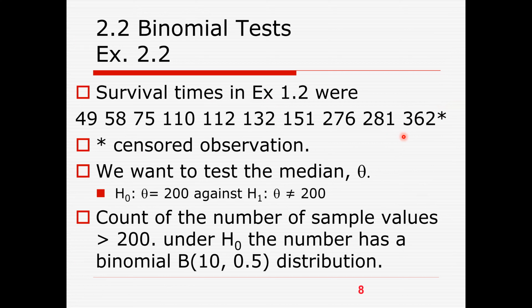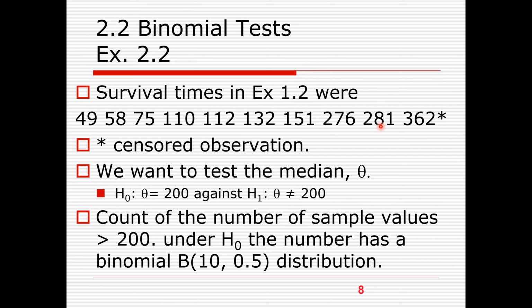Now, let's consider a test to justify that conclusion. We can count the number of observations in this sample with a value higher than 200. That is from here, those three observations.